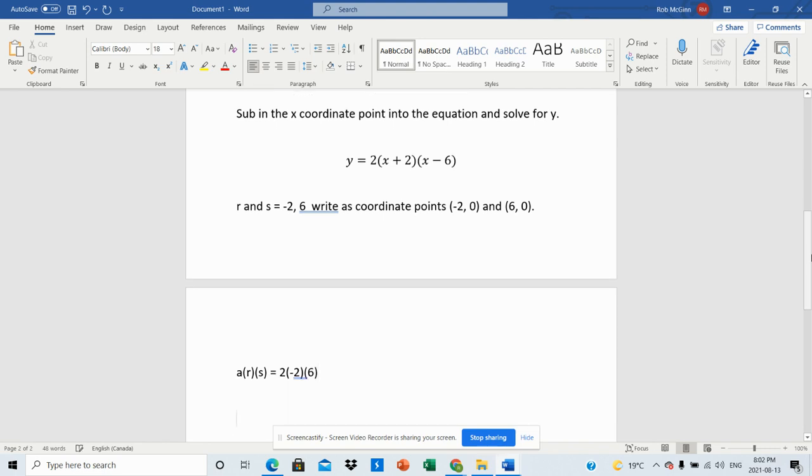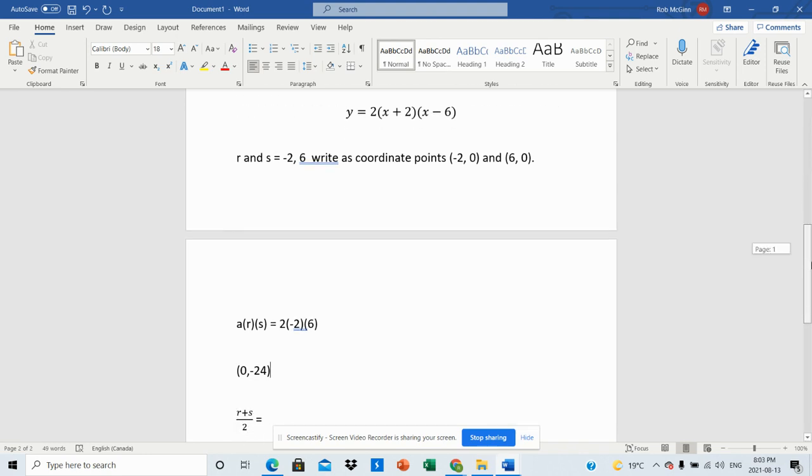And so when we do that, 2 times minus 2 is minus 4, times 6 is going to give us minus 24. So that means that our coordinate point is at (0, negative 24). So that's our y-intercept.